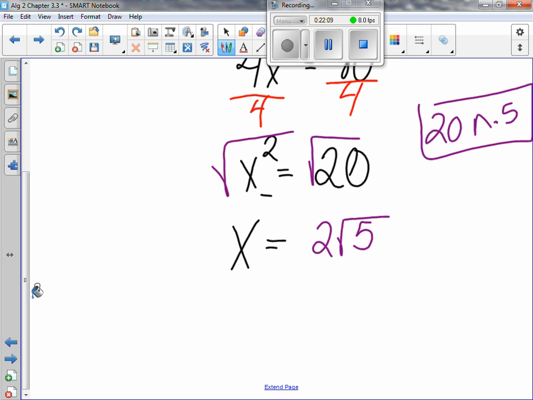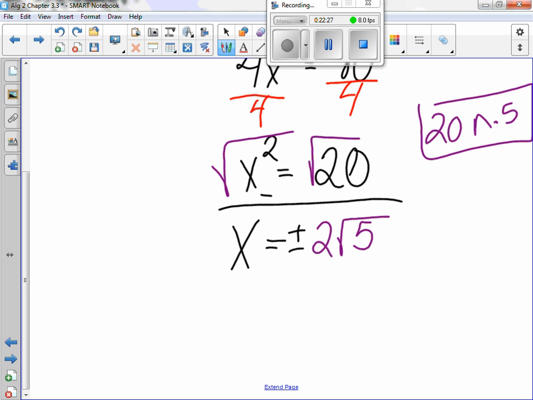Or the yellow calculators will do it for you. I would try and see if it'll take the square root of 20 as the answer. And if Big Ideas Math does take it, that's awesome. If not, we'll have to simplify.